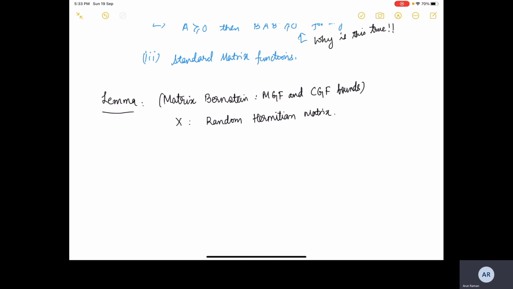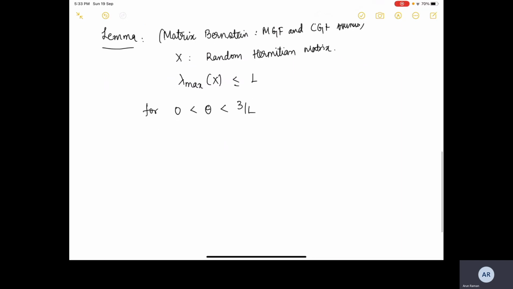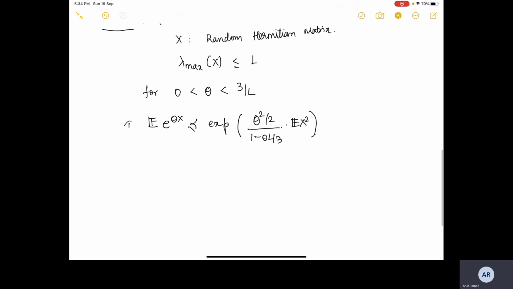Then we assume that 0 < theta, this is the first assumption, and the second assumption is that the largest eigenvalue is upper bounded by L. Then for theta lying in this interval, we have the expected value of e raised to the power theta X is bounded by exponential of theta square by 2 into 1 minus theta L by 3, into the expected value of X square.